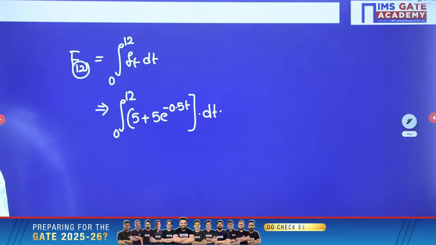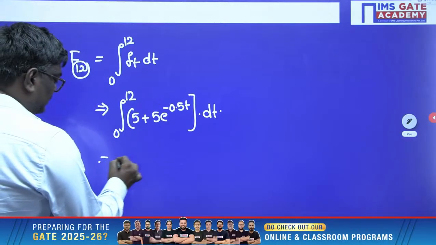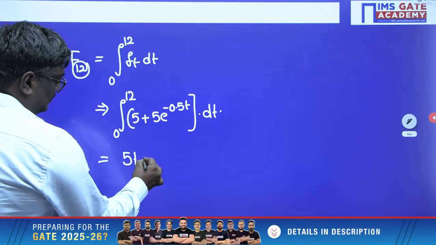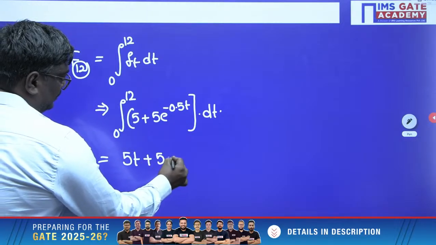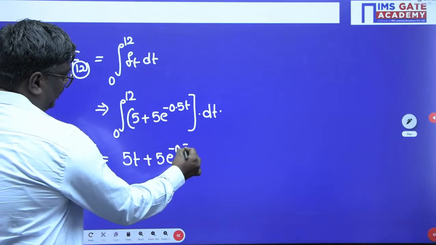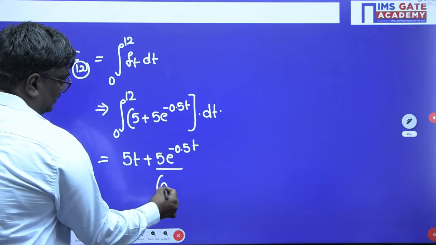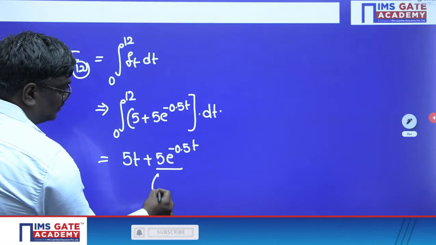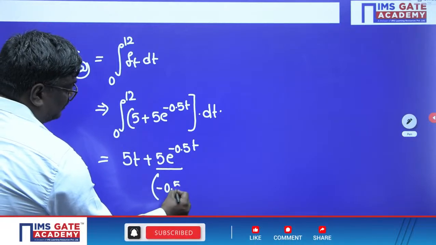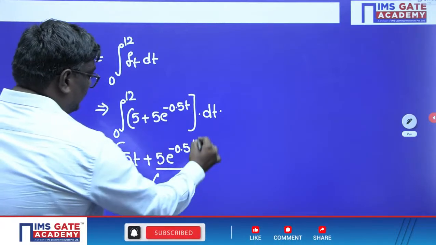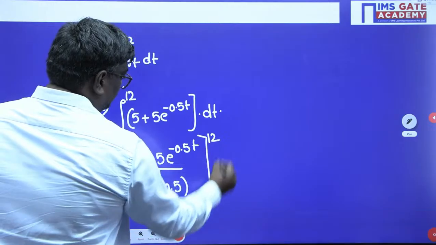Now, if you do the integration, this will become 5t plus 5 into e power minus 0.5 t upon minus 0.5, with limits 0 to 12.